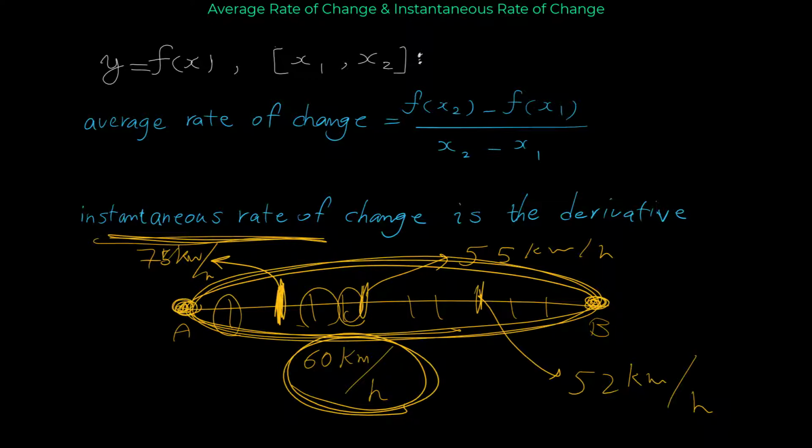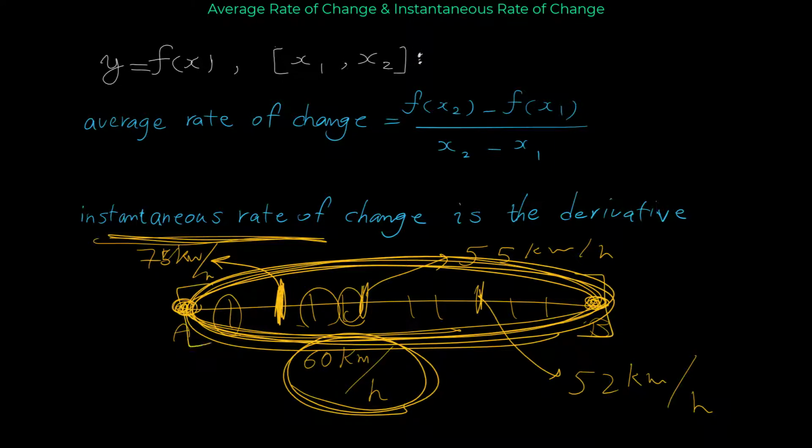But when I'm asking you your average velocity, I am talking about an interval. But when I'm asking you velocity or instantaneous velocity, I am asking you the velocity at a particular point, at a single point. So average rate of change is over an interval, but instantaneous rate of change is at a single point.